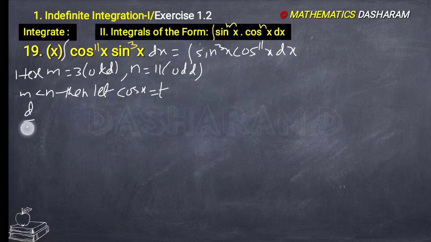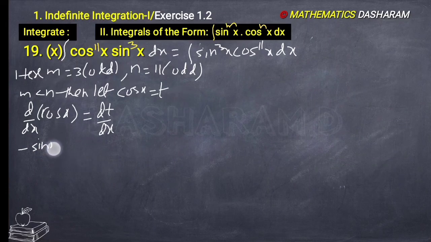Next, take the derivative on both sides with respect to x. It is equal to dt by dx, so it is minus sin x, and dx transposes to the left side: dt. Then sin x dx equals minus dt.